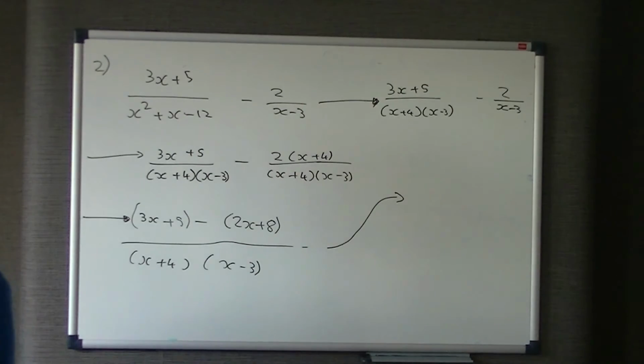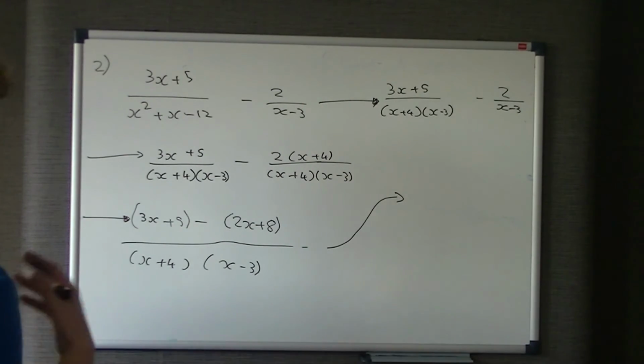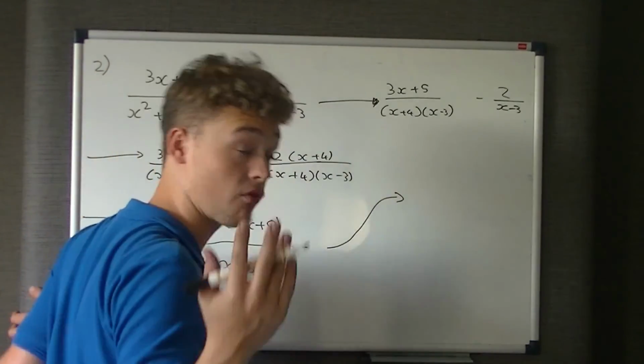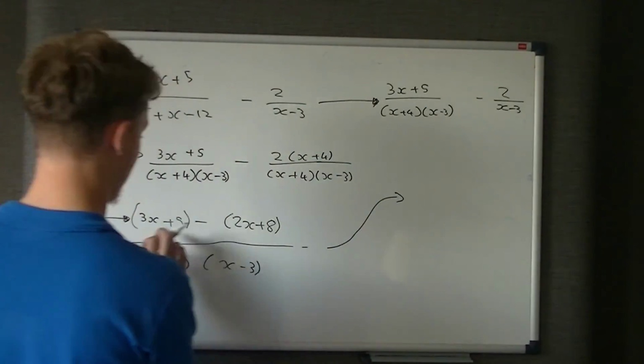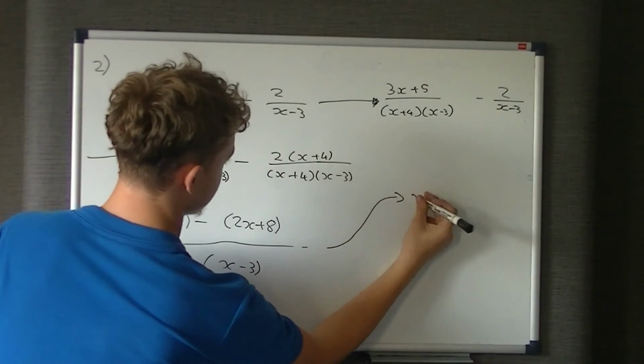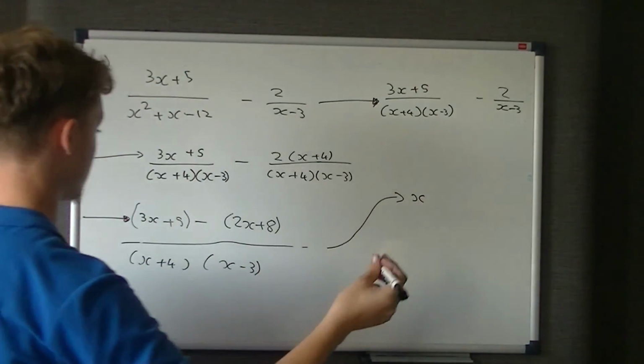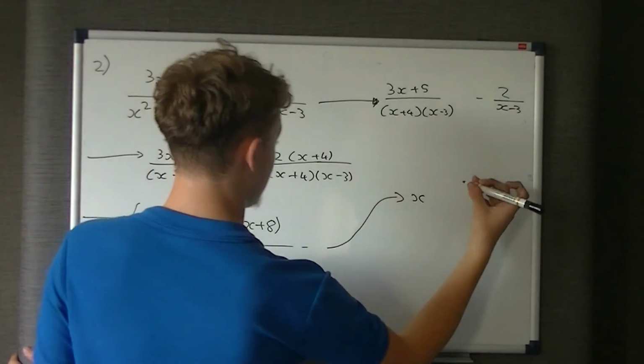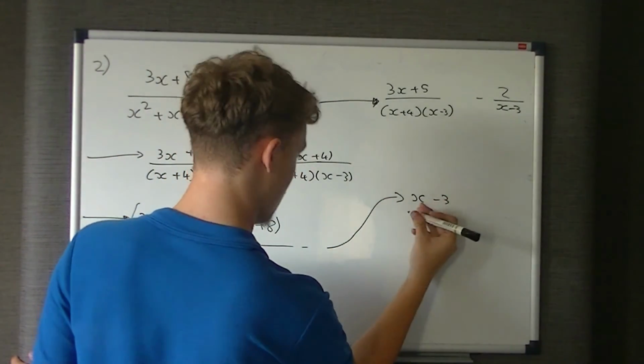And if we take away 2x plus 8 from 3x plus 5, the 3x and the 2x is going to make x. They got together and had a good time. The 8 take away the 5 leaves you with minus 3, so x take 3 over.